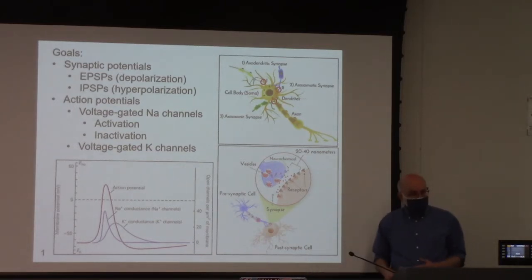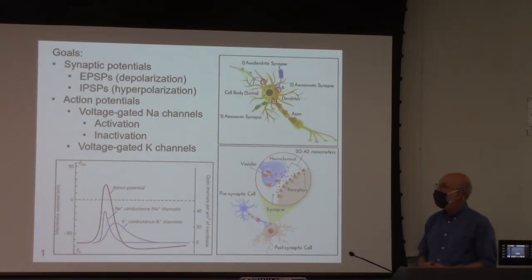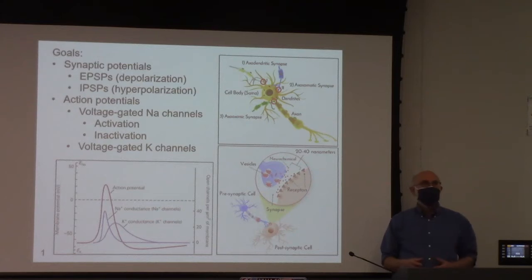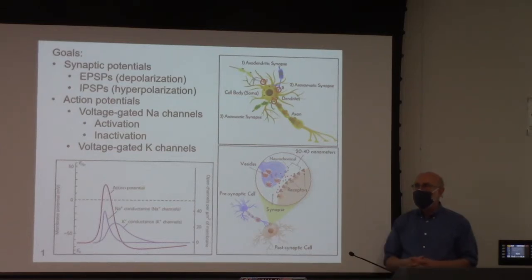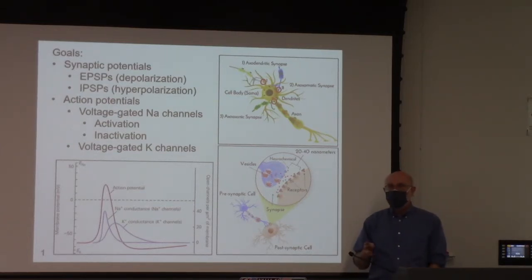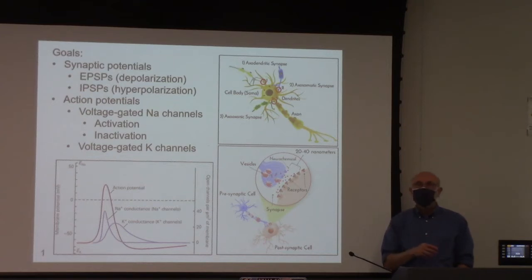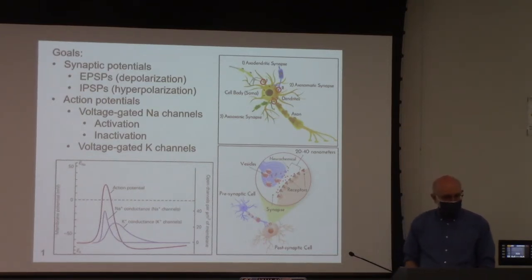Okay, so let's talk about synaptic potentials and action potentials. Some of the questions on the problem set you might have deferred to, looking at it and saying, I think he's going to cover that in class now, which is what I'm going to do.